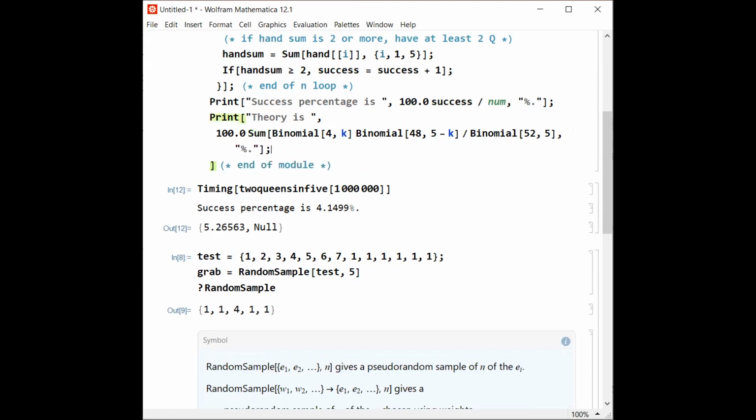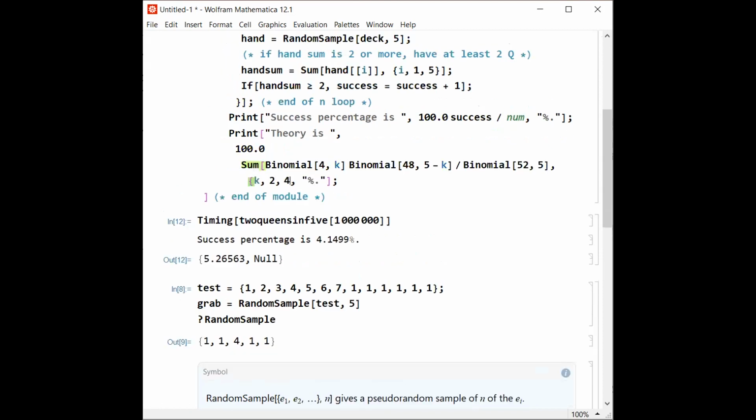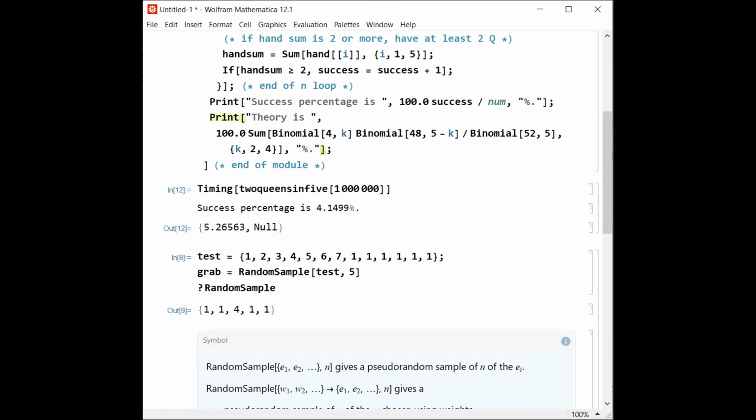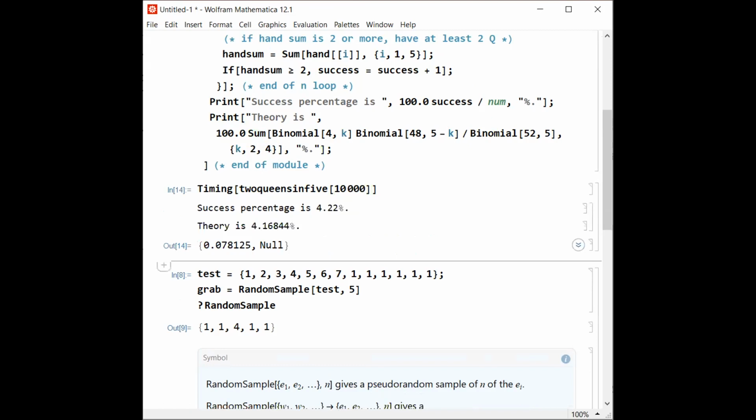No, because I was, oh, and I forgot to write what k goes from. This would be k goes from 2 to 4. I'll just make it a little bit smaller, just 2. Okay. And so you're doing 100,000, took less than a second, 4.14.